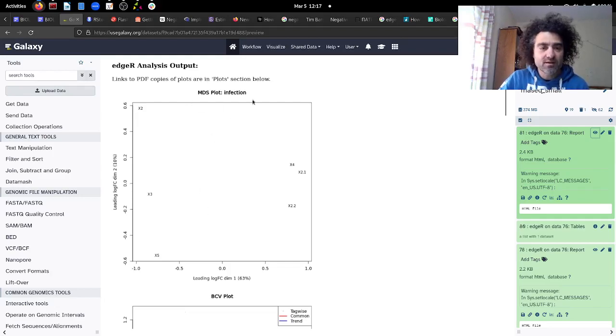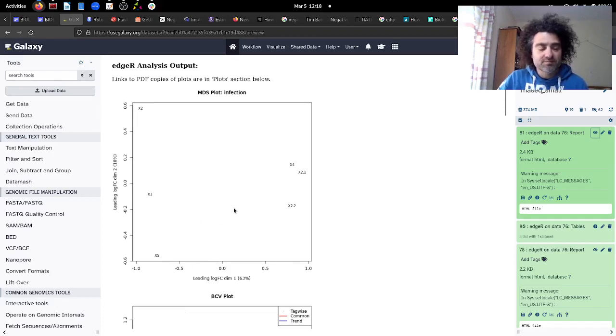In fact, here it is not a principal component analysis, it is the multidimensional scaling plot. It's similar. We try to represent how these individuals differ from each other if we take into account all the genes.